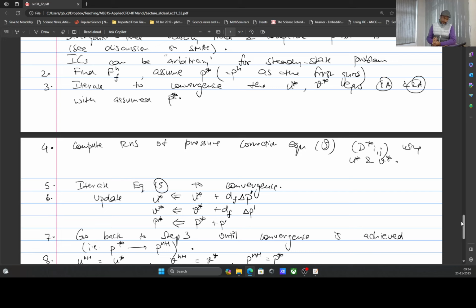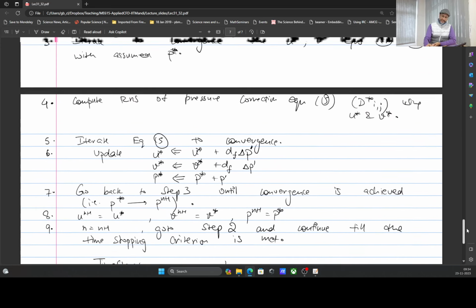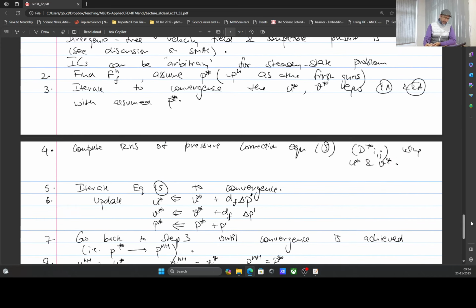In fact, we don't even need a separate loop for it, because that loop is the same loop as the loop for convergence to n plus 1. In this loop, we keep updating the flux term. So instead of going to step number 3, as in step number 7 we have here, we go to step number 2 and update our flux as well.